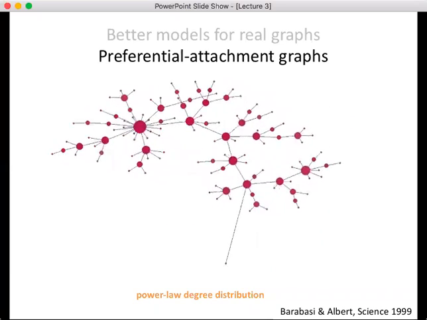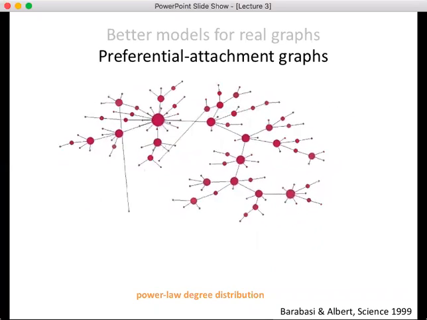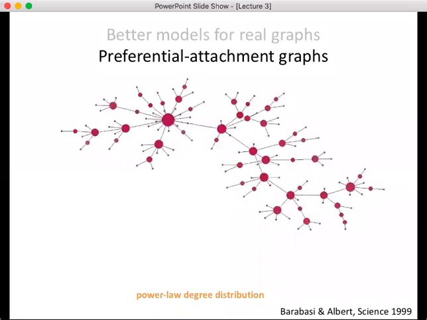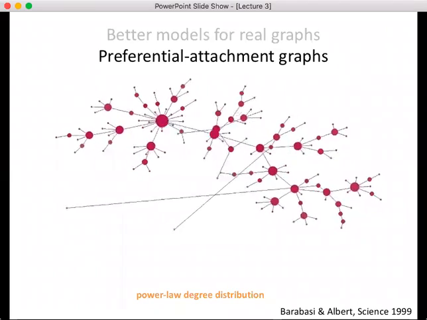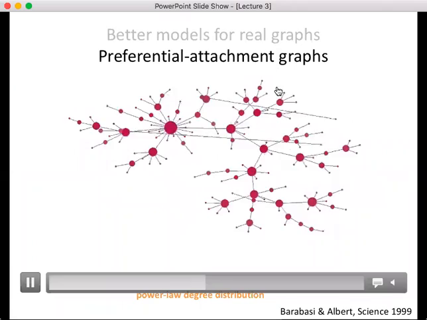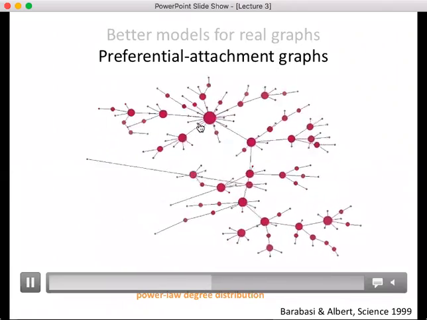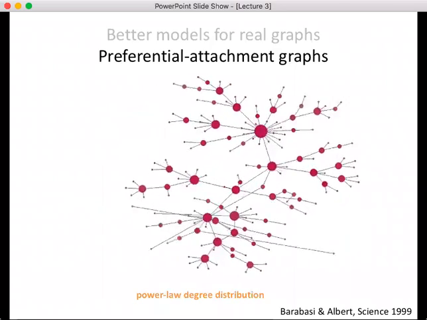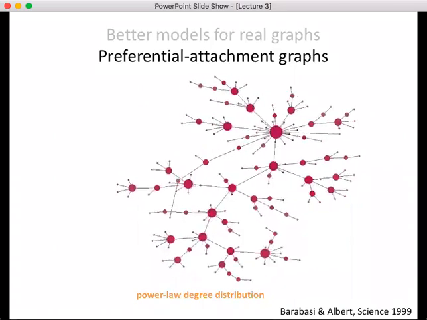And so a few considerations here. First of all, we can see that the first nodes in the graph, obviously, are the ones that have the most. It's very advantageous to be the first node in the graph because then you will grow faster than the rest of the new nodes.